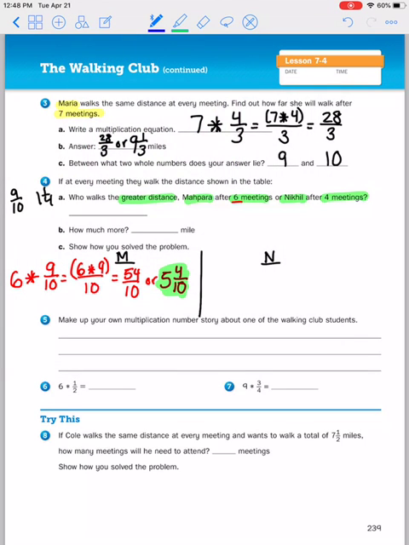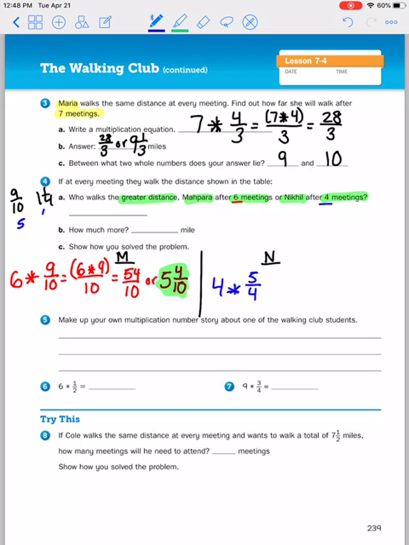Okay, so let's do Nikhil's. He went 4 meetings, and each meeting he went 1 1/4. So I'm going to change 1 1/4 to an improper fraction. And I know that that would be 5/4, right?